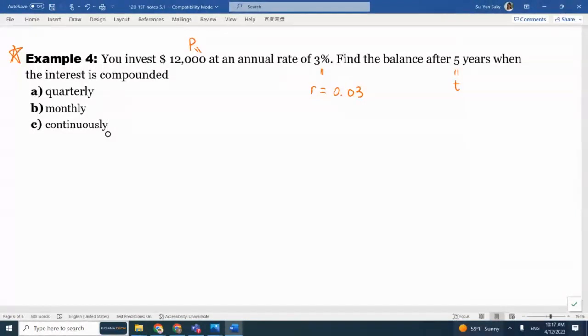When the interest is compounded quarterly. What does quarterly mean? How many quarters in a year? 4. Good. Right, everybody? So n is 4. Then we put it in the formula.